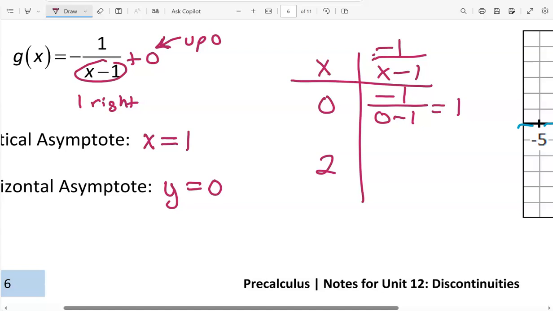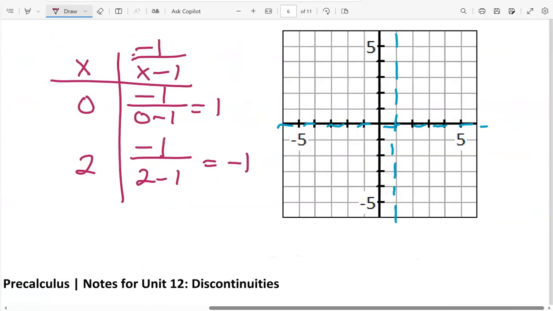And for x equals 2, the y value is negative 1 over 2 minus 1, which is negative 1. Graphing those 2 points, (0, 1) and (2, negative 1), that's enough to give us a good idea about what the rest of this graph looks like, approaching the asymptotes as we move from that anchor point.